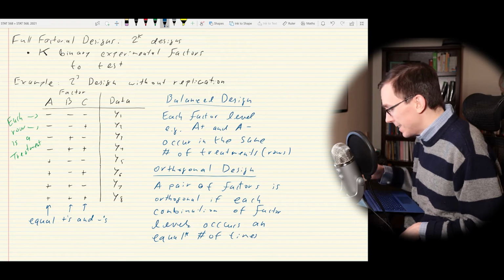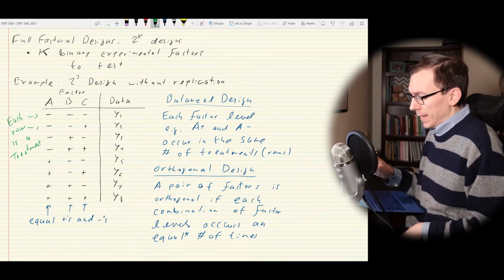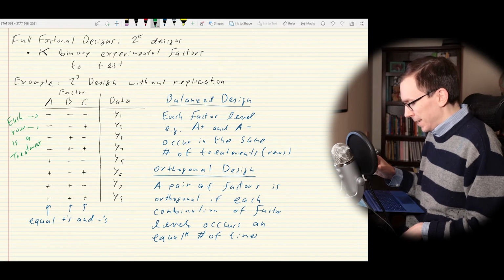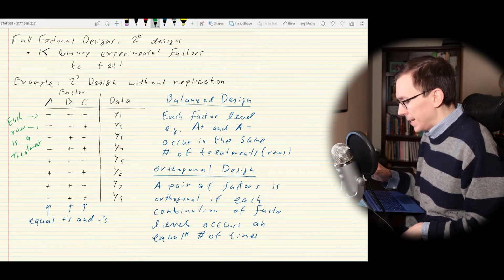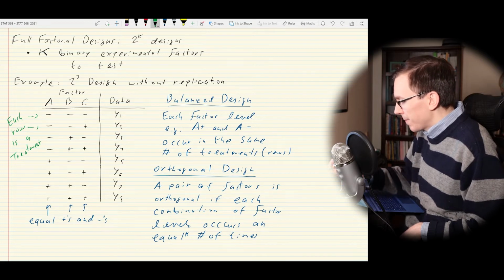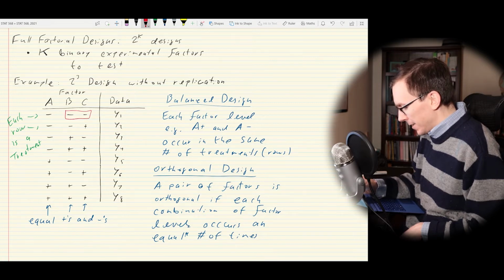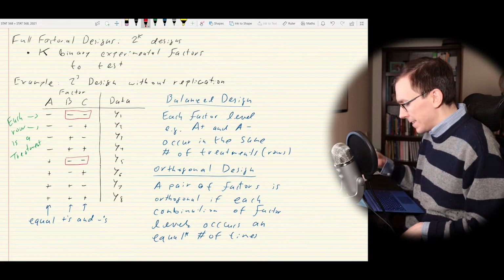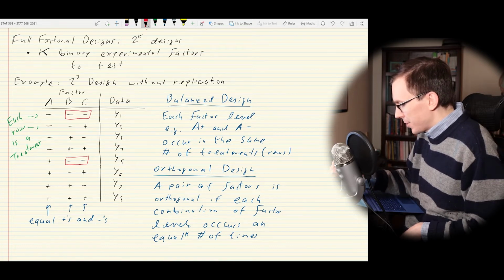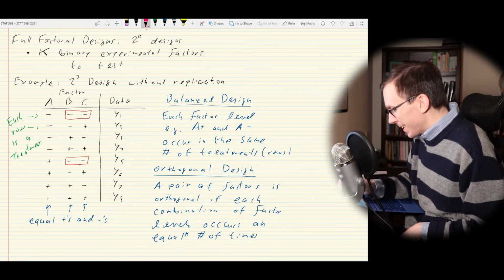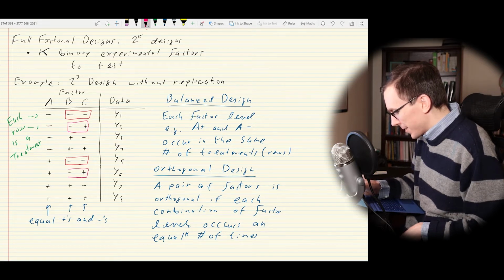So that's kind of like this idea of balanced, but now we're considering all the different combinations. So for example, if we were to look at B, let's switch the color and really mess this up, right? If we're looking at B and C, then the combination of minus and minus occurs once, and it occurs twice down here. And similarly, the combination of minus and plus occurs once, and minus and plus occurs again.